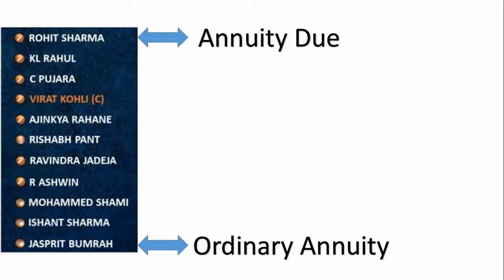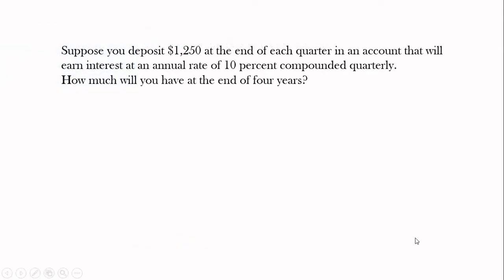We'll get it clarified once we do the math. So this is just an example to remember: if in the math it is mentioned that the payment is made at the beginning, that means it's annuity due, and if the payment is made at the end, that means it is ordinary annuity. Okay, this is how you can remember.